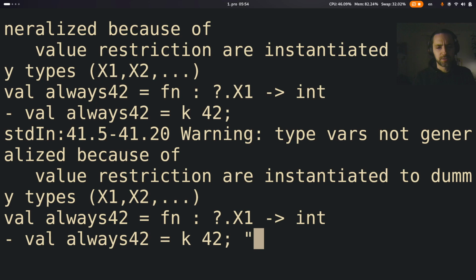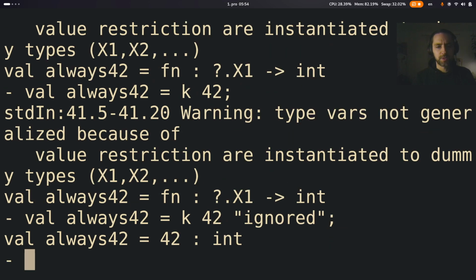But this works. This works, yes. It expects the second argument because it takes the first.